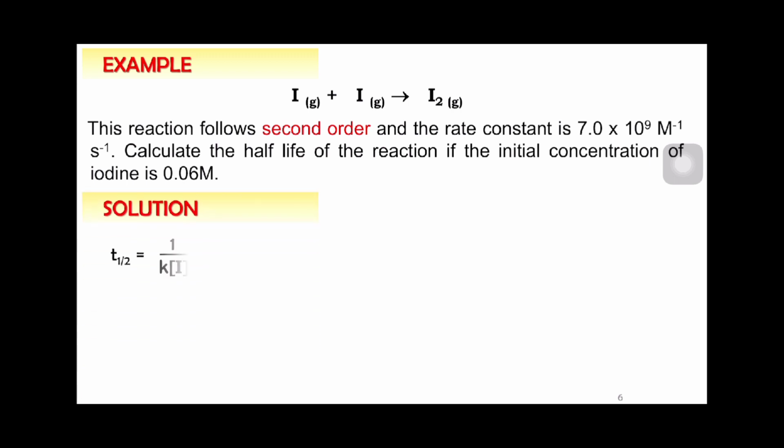Since this one is second order reaction, the formula for half-life is 1 over K concentration of I naught. Remember that this one is not A, but the reactant is I, so that's why we cannot write 1 over K A naught. You substitute the value of the rate constant, then you will get the answer is 2.38 times 10 to the power of negative 9 seconds.